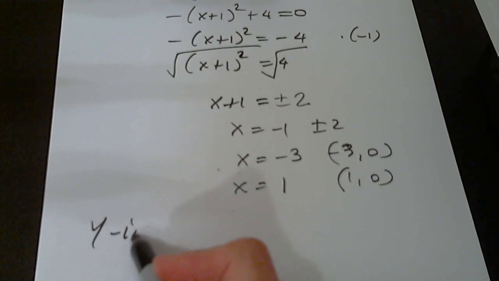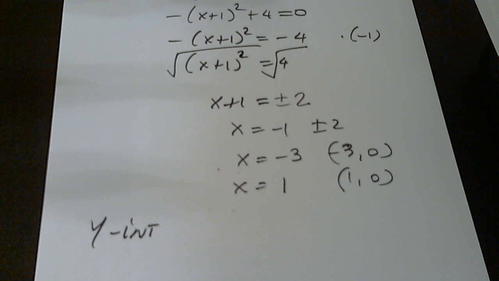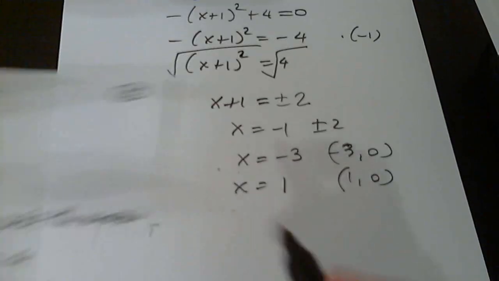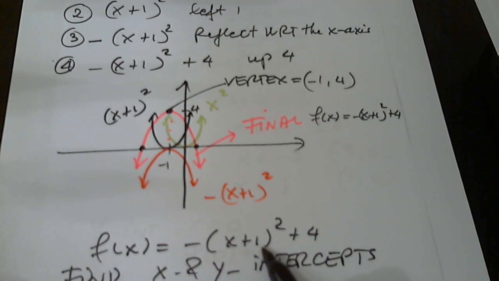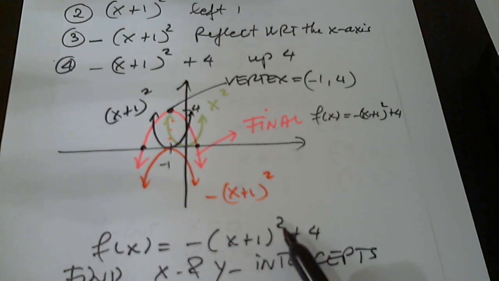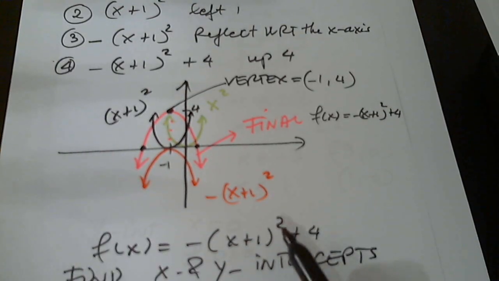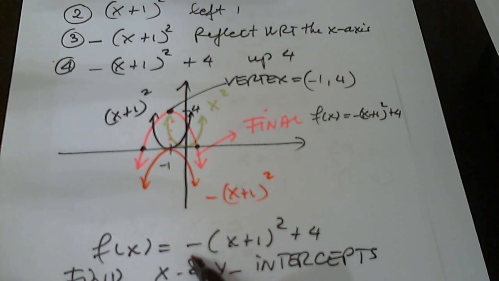How do I find the y-intercept? That's always easier. Set x to 0? Exactly. So I have to find f of 0. Let's do it together. 0 plus 1 is 1. 1 squared is 1. 1 times negative 1 is negative 1.